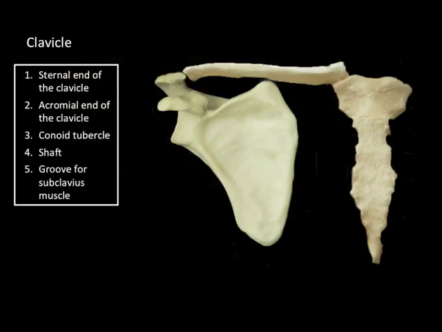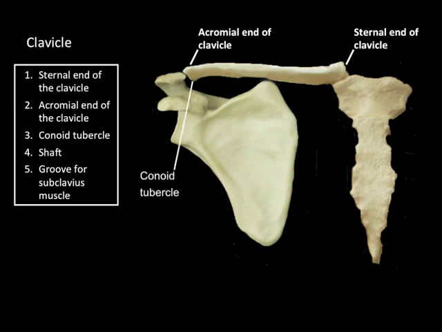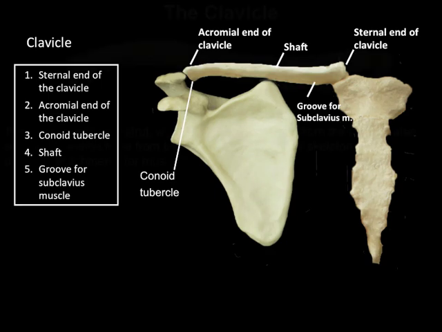The clavicle is a long, slender, and curved bone that extends from the sternum to the scapula. It exhibits specific details as follows: the sternal end, the acromial end, the conoid tubercle, the shaft of the clavicle, and the groove for the subclavius muscle.